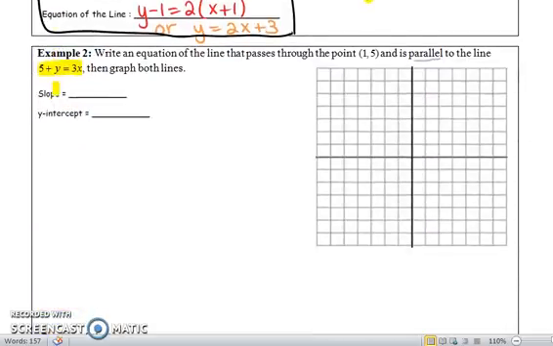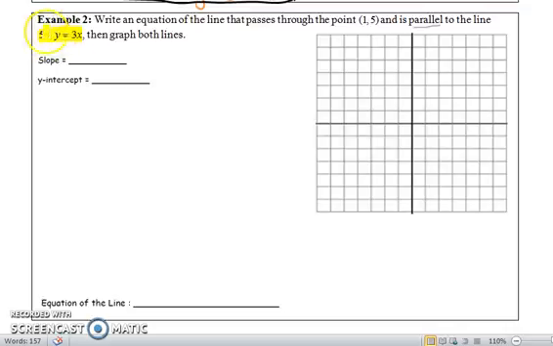Now, if you compare that to example 2, the equation of the line that's given is not in slope-intercept form, and it's not in point-slope form either.